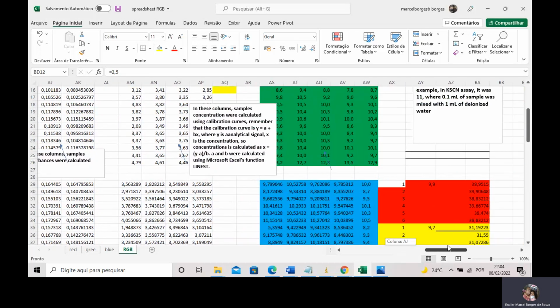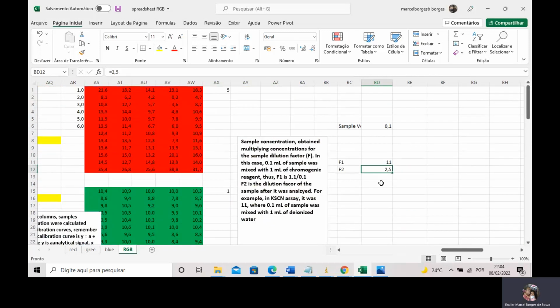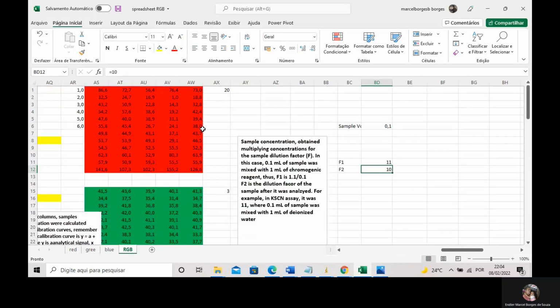So I have my dilution factors, 11 and 10. I have placed these values in here, and I can calculate my iron mass.